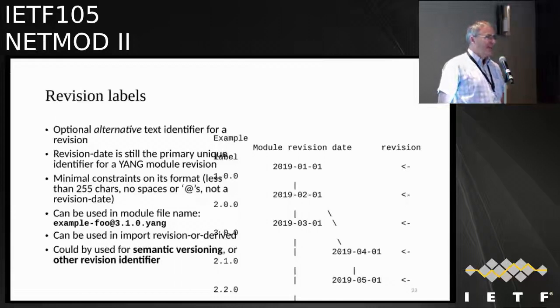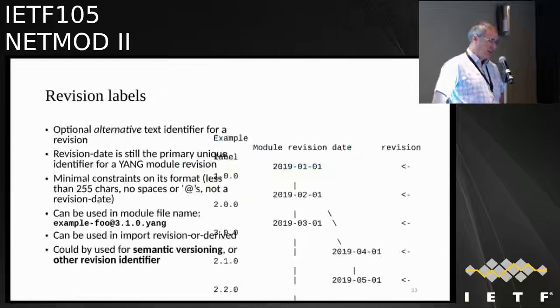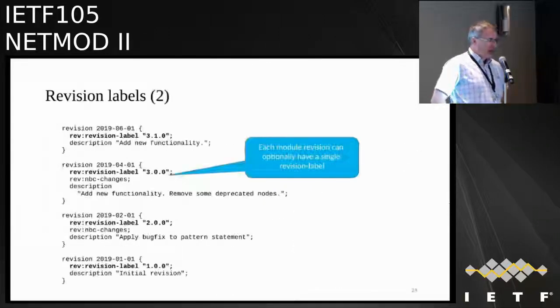The only concern is that it should not be mistaken as a date. And it can be used later in the import statements as well. Next one, please. Okay, here is an example of how the revision labels for SemVer would be. You see that the main number changes every time when we have this NBC changes extension there. So when we just add something, then we only go from 3.0 to 3.1. Next, please.